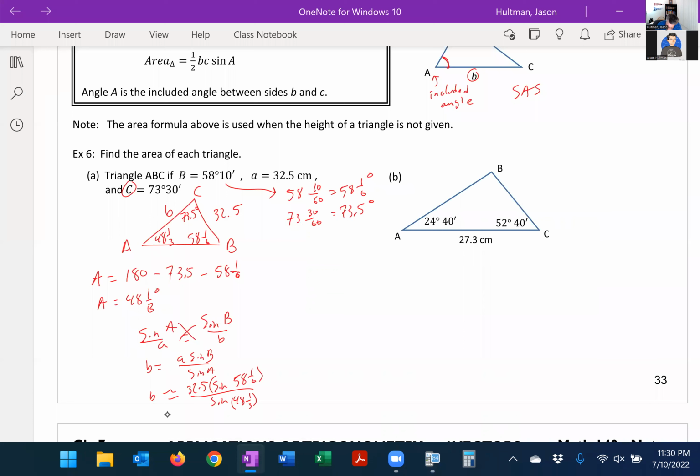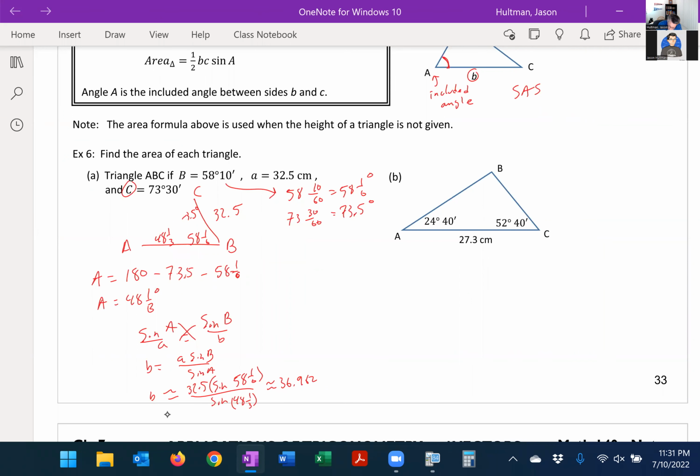So b is equal to 36.962, almost exactly. So that was side b, not side c.